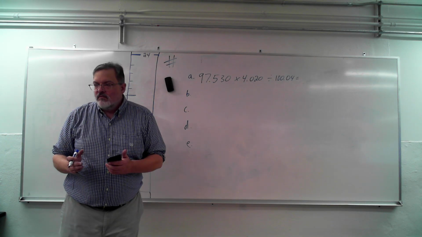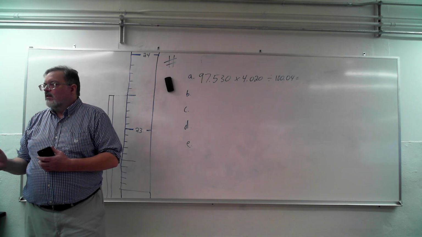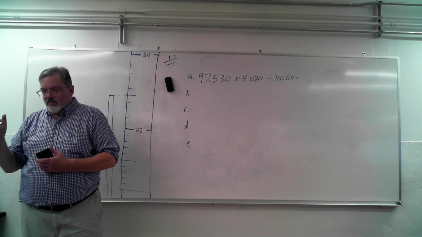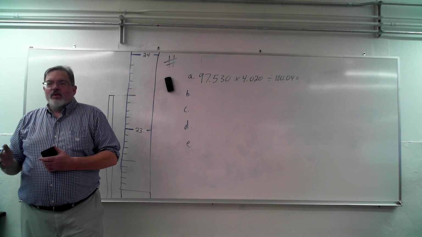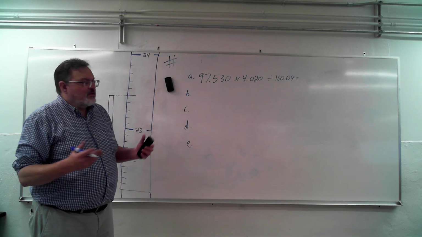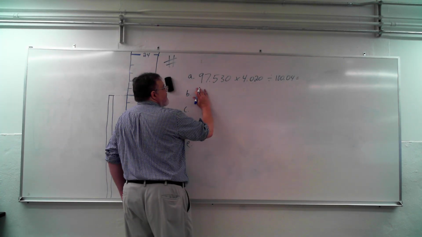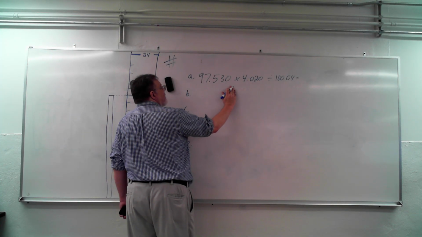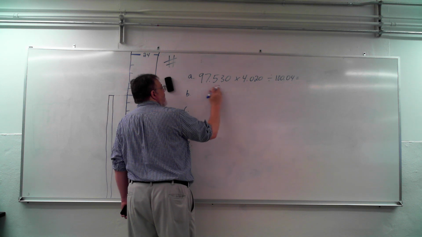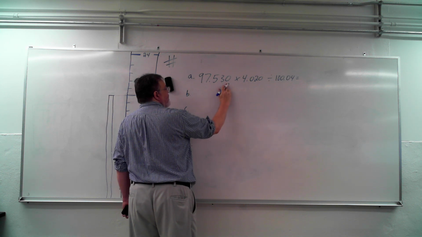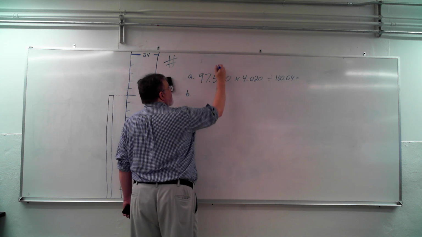Okay, which rule am I using here? Multiplication division rule. When you're using any of these rules, you can start by looking at your input value. How many significant figures are here? This one's 5. No leading zeros. You have one trailing zero. 1, 2, 3, 4, 5.